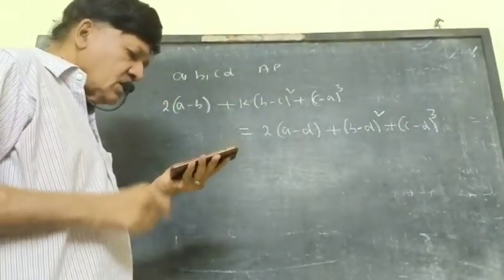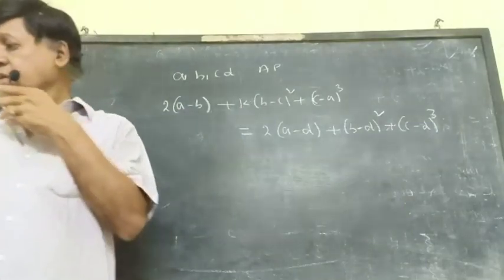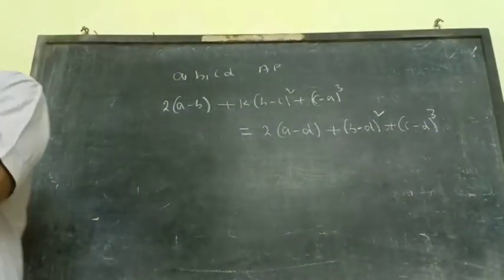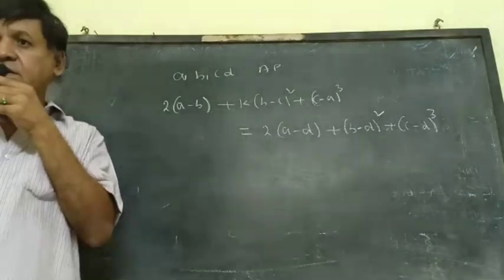So you have to find out the least possible value of K satisfying this.